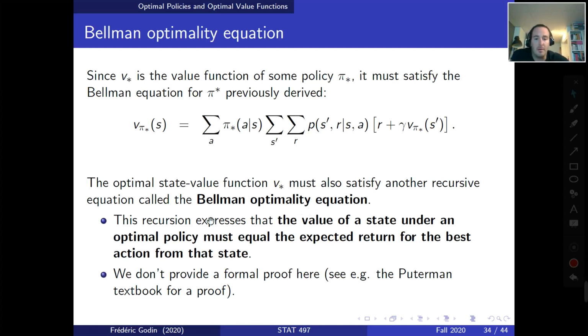But the intuition behind the next formula reads as follows, so I'll simply read it. The following recursions will entail that the value of some state under the optimal policy must be equal to the expected return for the best action from that state.